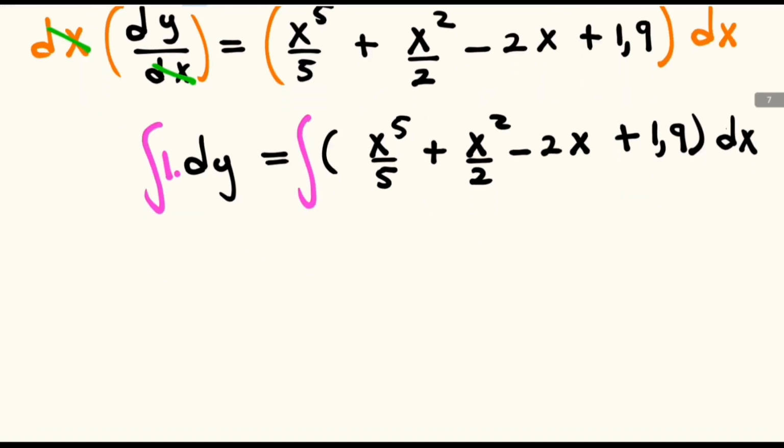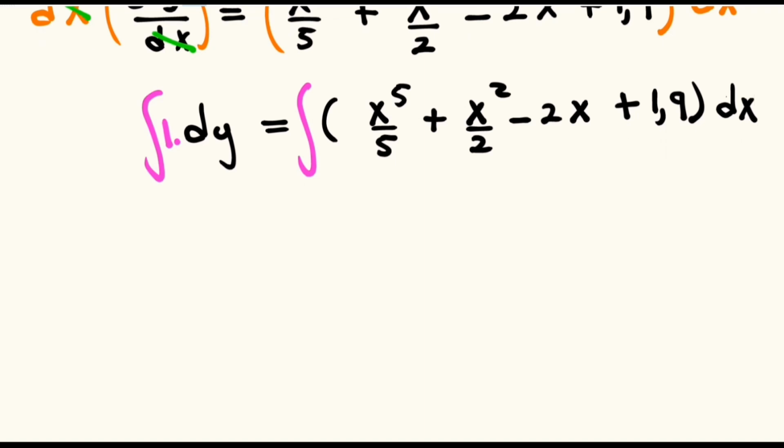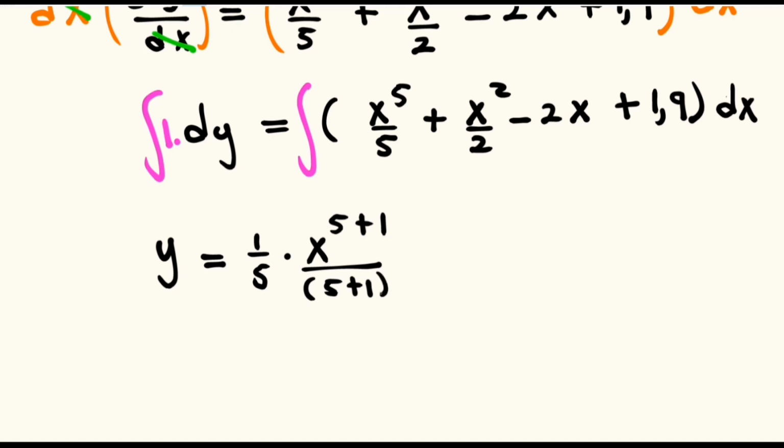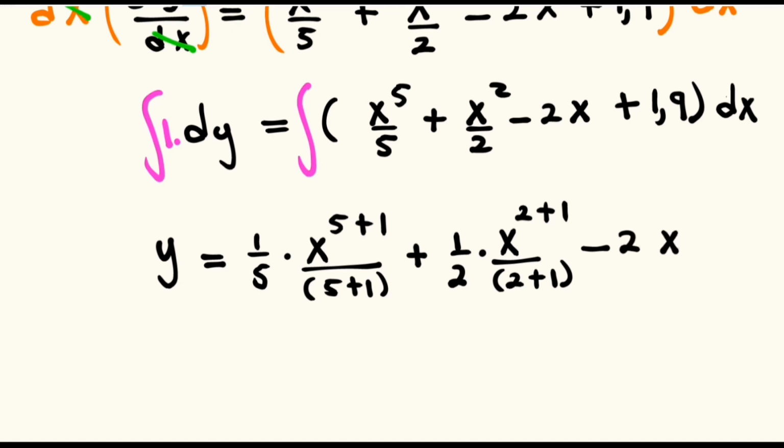On the left hand side, the integral of 1 with respect to y will be equals to y, and this will be equals to 1 divided by 5 multiplied by the integral of x to the power 5, which is x to the power 5 plus 1 divided by 5 plus 1, plus 1 over 2 multiplied by the integral of the x squared, which is x to the power 2 plus 1 divided by the 2 plus 1, and the integral of the negative 2x will be equals to negative 2 multiplied by x raised to the power 1 plus 1 divided by 1 plus 1.